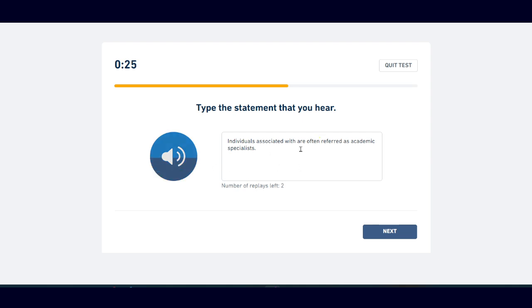Individuals associated with academic disciplines are commonly referred to as experts or specialists. Individuals associated with academic disciplines are commonly referred to as experts or specialists.